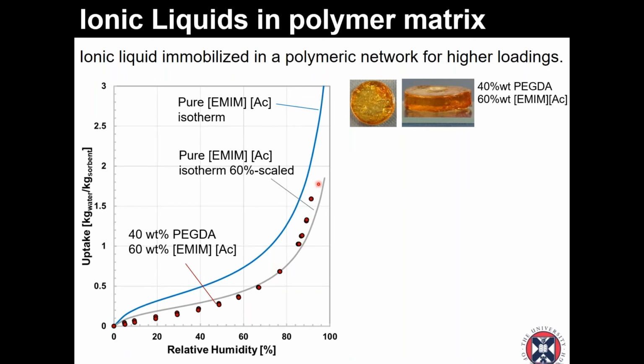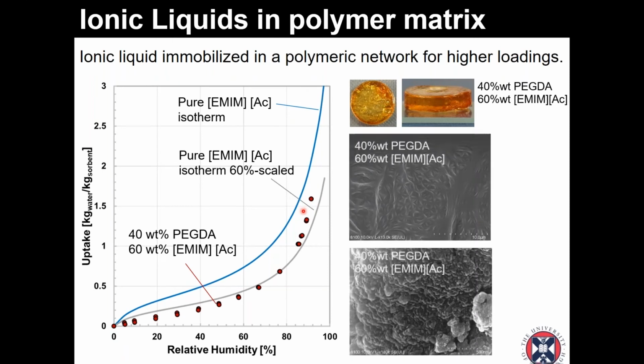at higher relative humidity. This comes from the fact that this material shows some porosity, and in particular some macro porosity, not in the range of a nanometer scale, but a micrometer scale almost. Let's say hundreds of nanometer scale, as you see here from the same measurements.